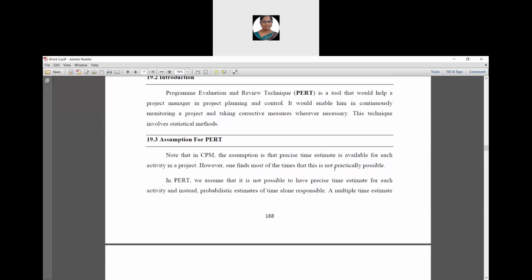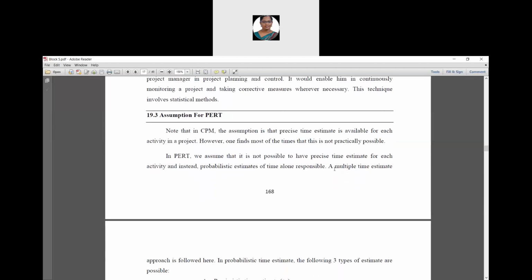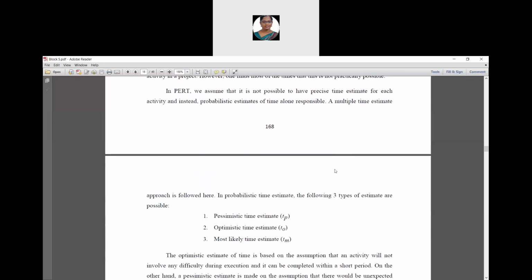A multiple time estimate approach is followed here. In probabilistic time estimate, the following three estimates are possible: optimistic time estimate, pessimistic time estimate, and most likely time estimate.